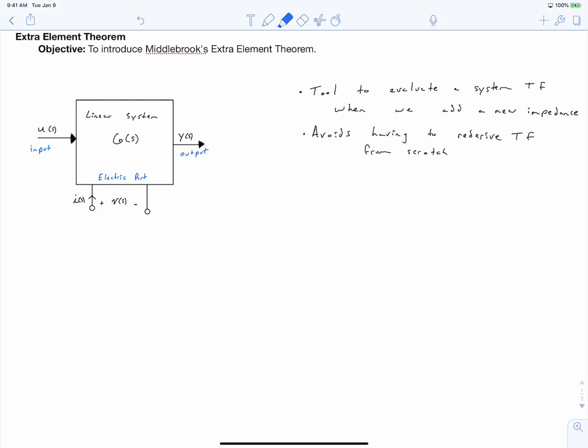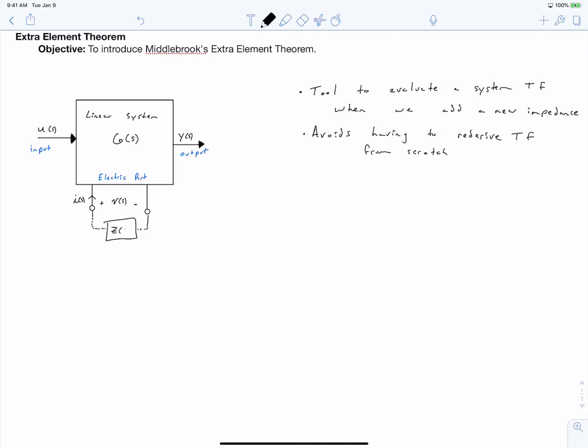But the key defining feature of this is that the system has some electric circuit portion to it, and it exposes an electric port. So that's what we've labeled down below. So somehow there are circuit elements within here, and the generic basic question that we're trying to answer is, what if I were to connect a new impedance across this electric port?